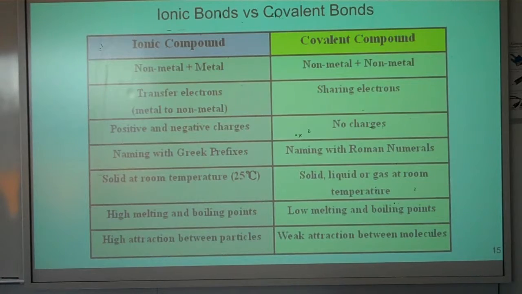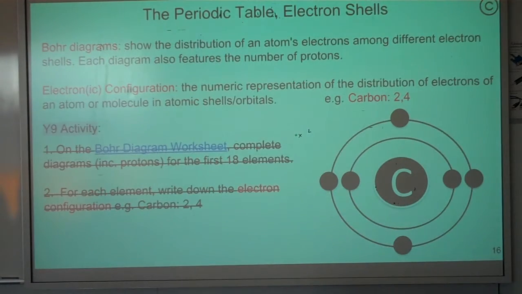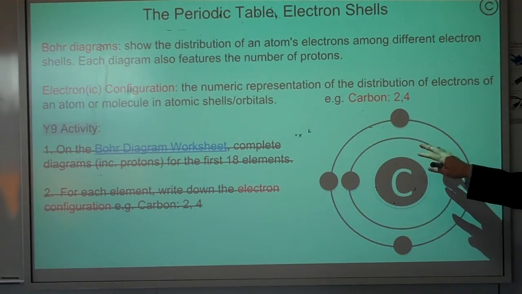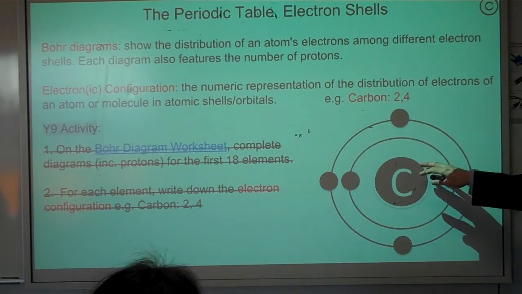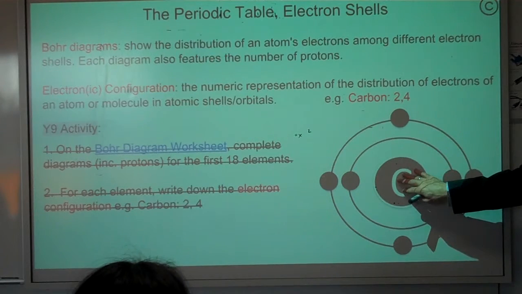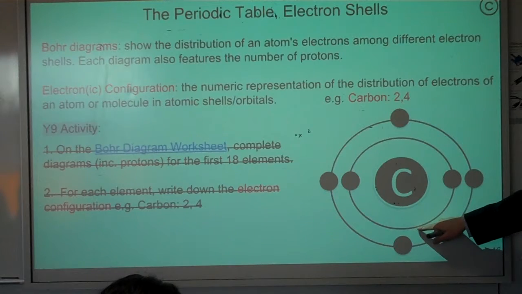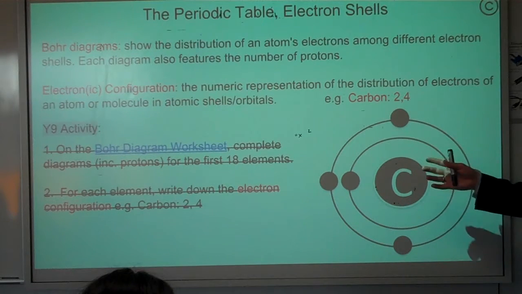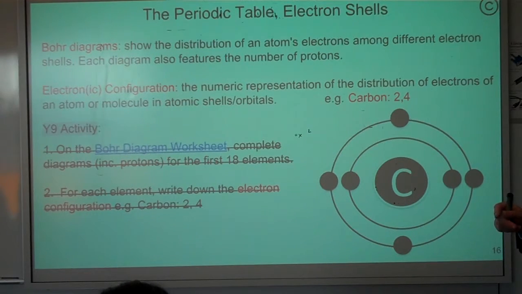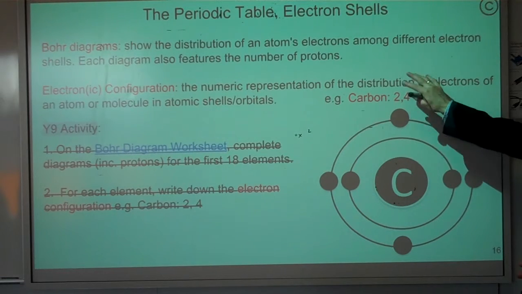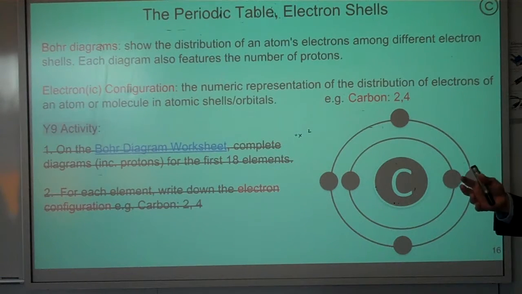Okay. Now, this is Bohr configuration or Bohr diagrams you did last year. That's where you show the nucleus and you show the electron shells and the electrons in each shell. Okay, you did that sort of thing last year. That's what a Bohr diagram is. Show where electrons are found in different shells.